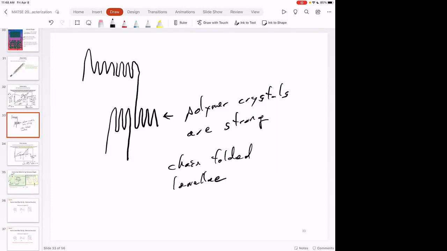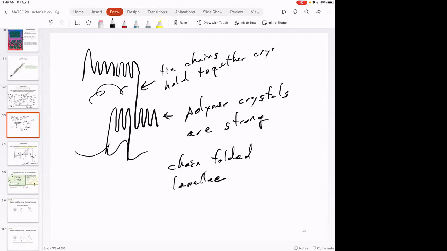These are tie chains. Let's say there's some amorphous here. And they hold together crystals. And these parts, of course, are amorphous.